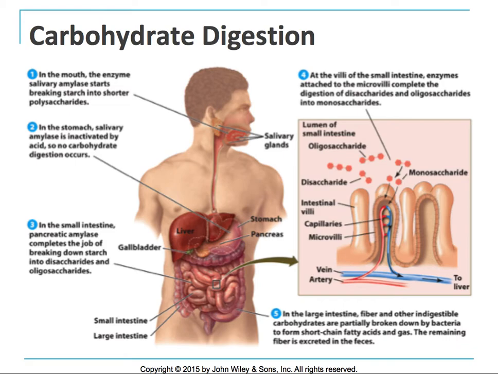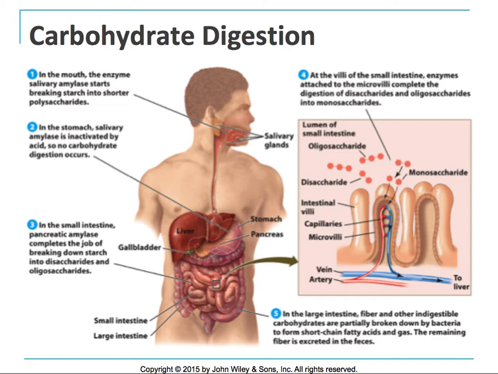Then from the stomach, we move on into the small intestine. Here we have pancreatic amylase. Again, we have amylase, so it's an enzyme that digests carbohydrate. Pancreatic just means that the amylase is being secreted by the pancreas, whereas in your mouth we had the salivary amylase, salivary because it's in your saliva.